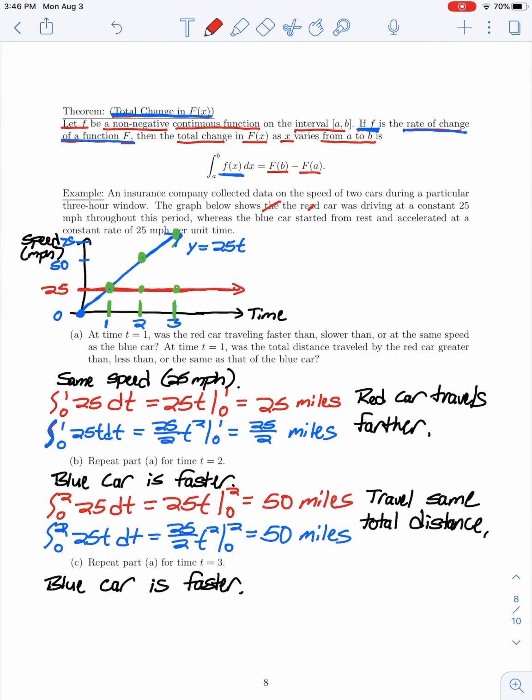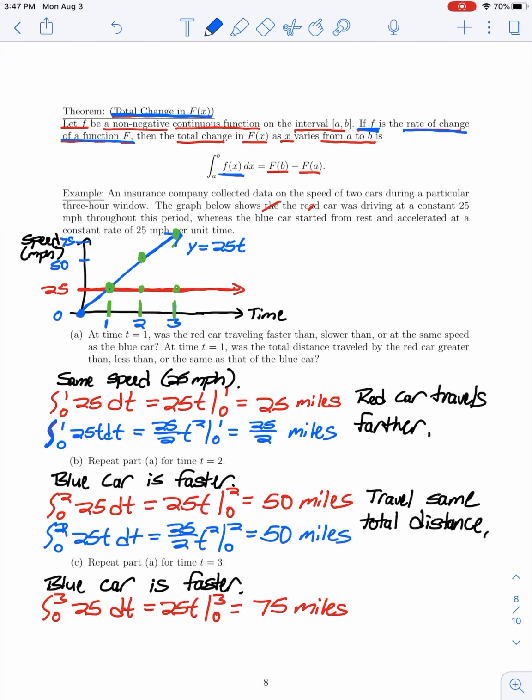And then if we look at the total distance traveled in the first 3 seconds, we would integrate from 0 to 3 our speed function, which was 25 for the red car. So we have 25 times t, evaluated from 0 to 3, which is 75 miles.